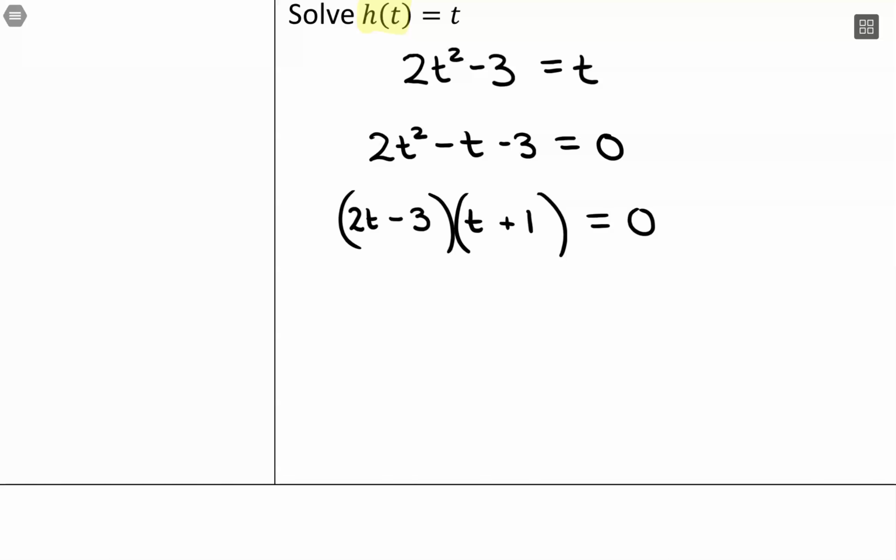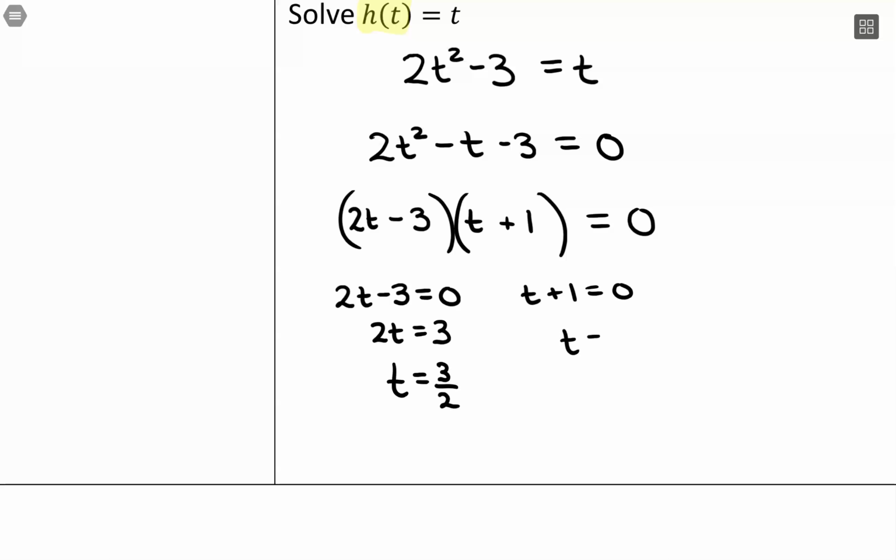And then we're going to split into our 2 equations. So it means 2t minus 3 equals 0, or t plus 1 equals 0. I'm going to add 3 to both sides here, divide by 2, so we'll have a 3 halves. Subtract 1 from both sides over here, we have a -1.